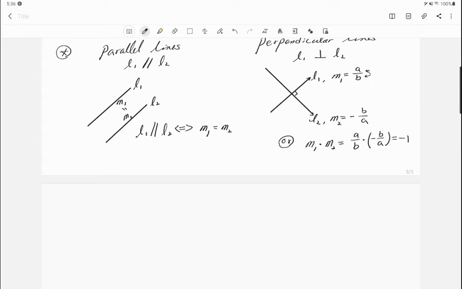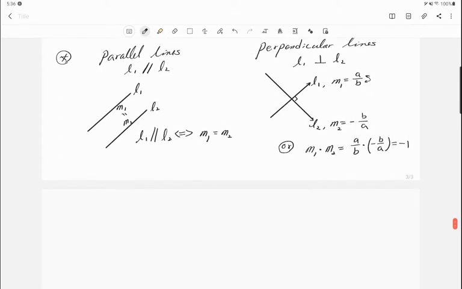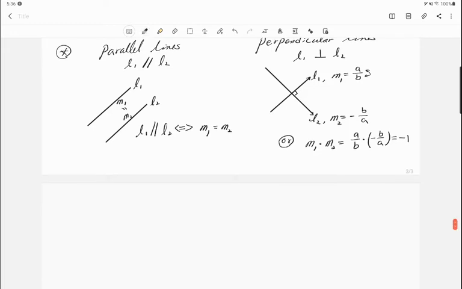So we can also conclude that two lines are perpendicular if the product of the two slopes is equal to negative 1. Or you can check like this: the slope of one is the negative reciprocal of the other slope.